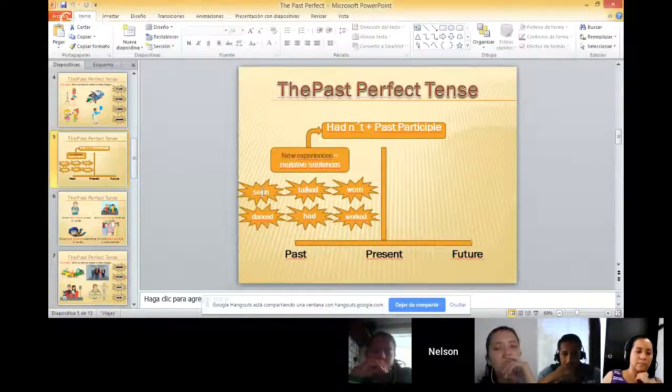This time we have seen, talked, worn, danced, had, and worked. It's just the same case of the verbs I displayed in previous slides. And the order is the same. All these actions are covered here, from the past tense and to the present tense. This is the space to use these forms.